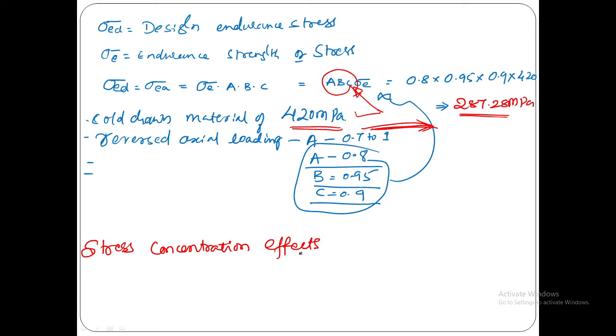The stress concentration factor used for cyclic loading is less than the theoretical stress concentration factor. That is what is going to reduce the endurance limit due to stress concentration. It is less than the theoretical stress concentration factor because of the notch sensitivity of the material.